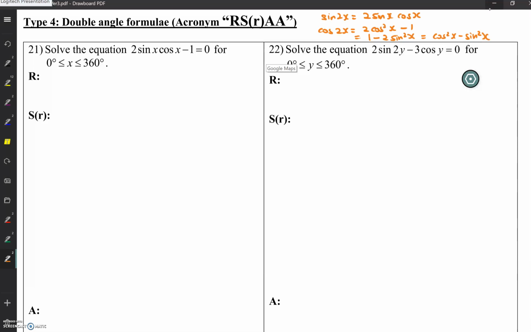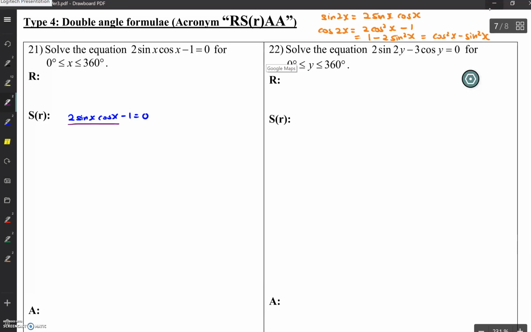Okay, let's do one to let you all see. So for this case, you will see this is sine x cos x. So instead of doing range for this time round, I'm going to start off with solving for the reference angle first. Okay, so we write it as like this. What do you realize that's the same? Which double angle do you think I can use? I hope it's quite obvious.